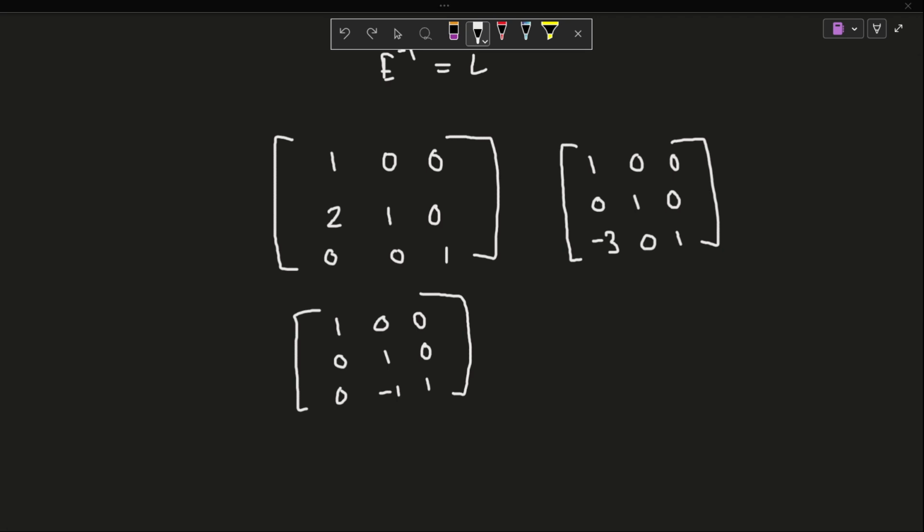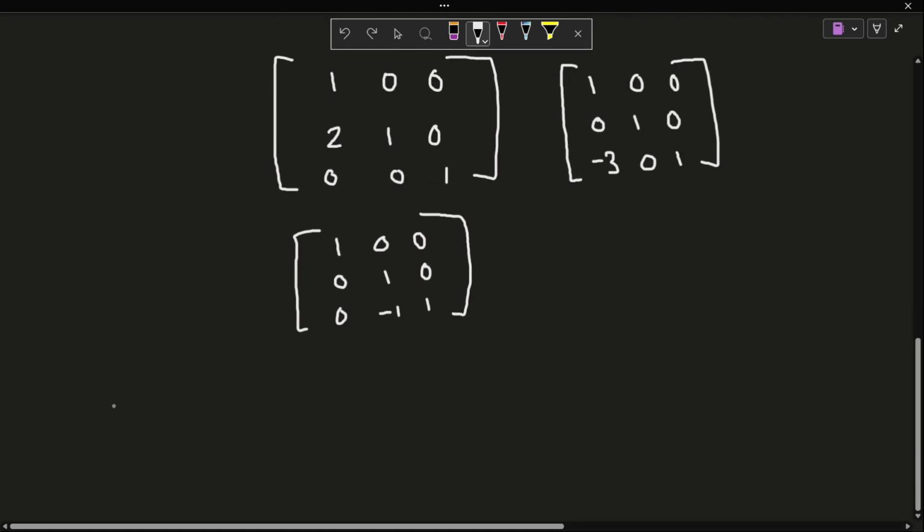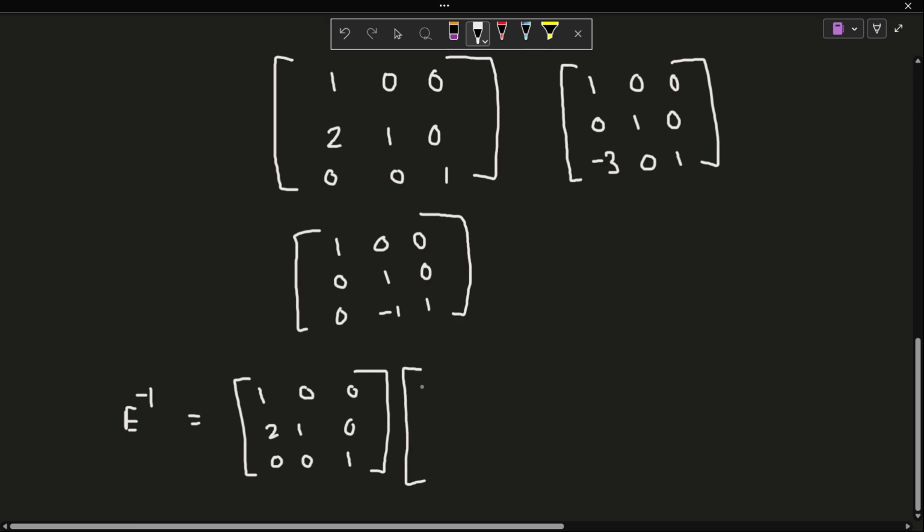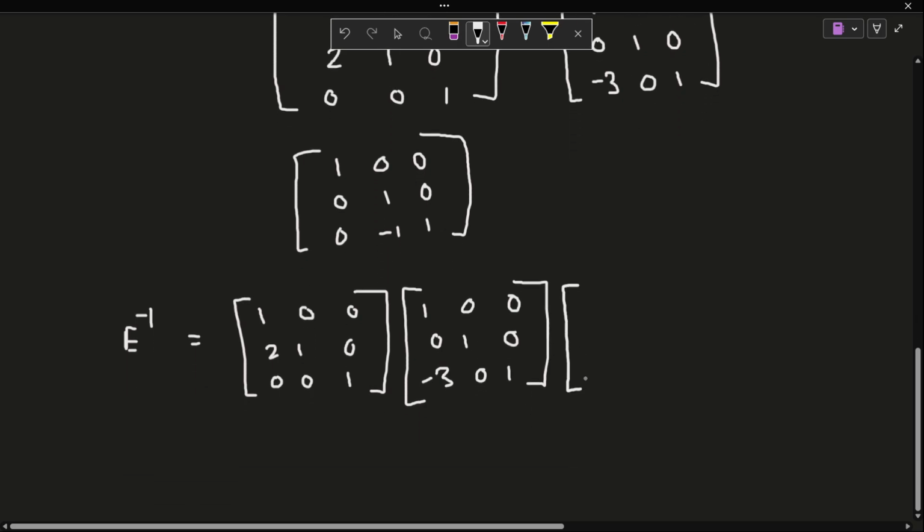And so what this means is that E, the cumulative inverse, is just going to equal all of these matrices multiplied together. So 1, 0, 0, 0, 1, 0, minus 3, 0, 1, and then multiplied by the final one, 1, 0, 0, 0, 1, 0, 0, minus 1, 1.